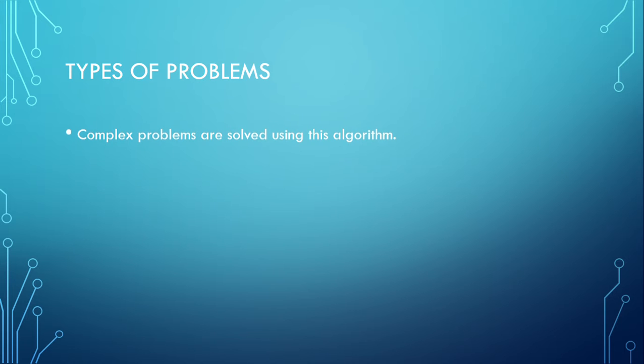Basically, the type of problem solved by this algorithm is the complex problem. Simple problems can be solved using other algorithms too. But when we are using a genetic algorithm, it's very obvious that the problem we are going to solve is very complex.